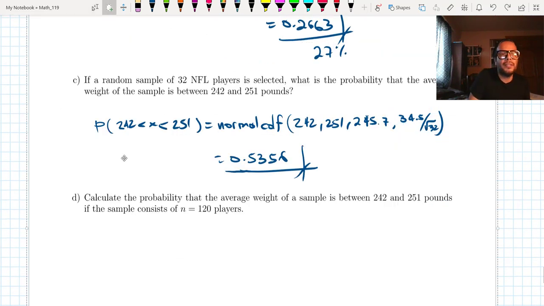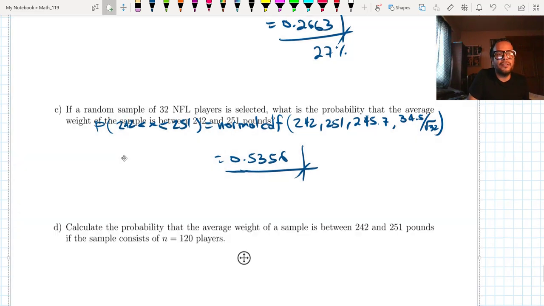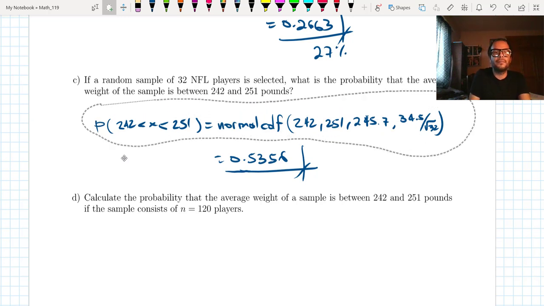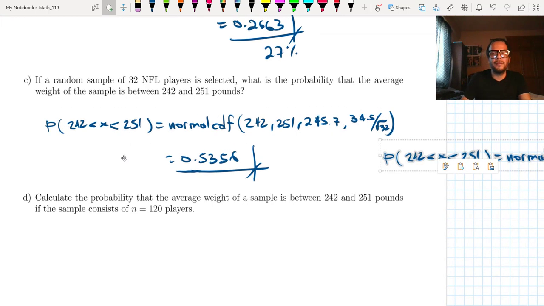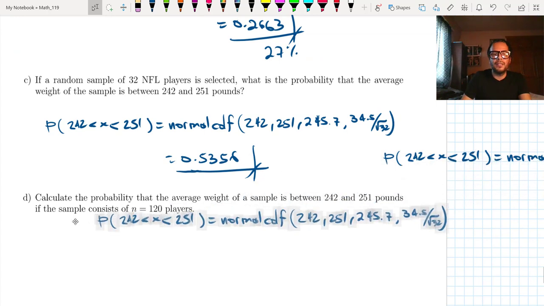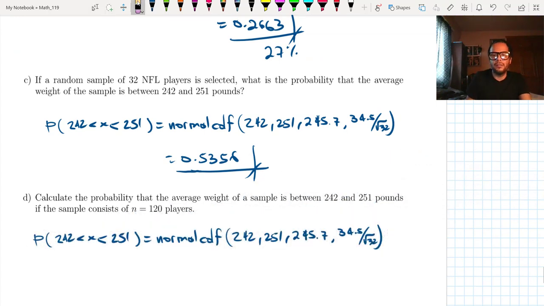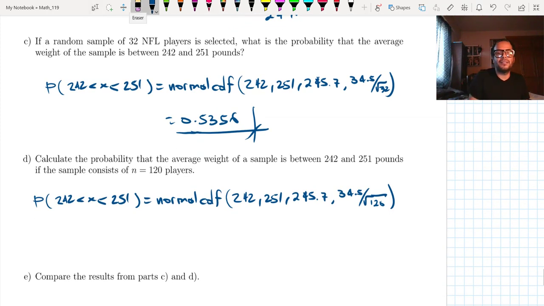In this case, we are going to take a sample of 120 players. So, not 32, so let me change that 32 and replace it with 120. And see what happens when we increase the sample size.